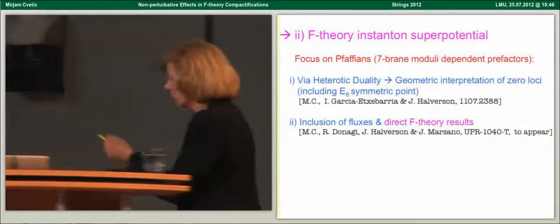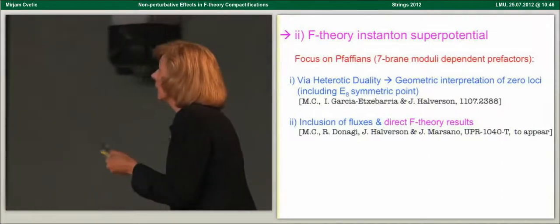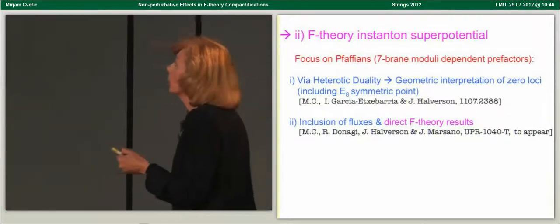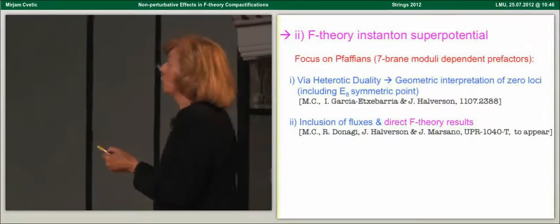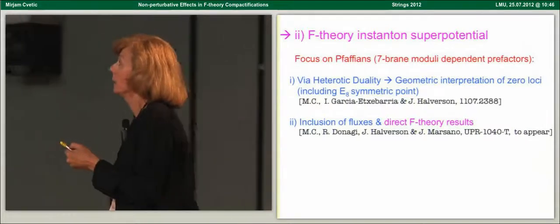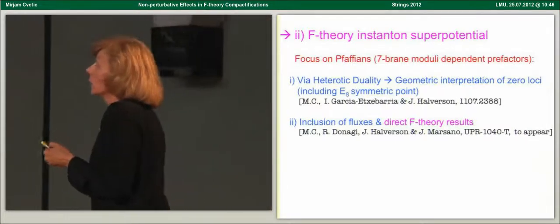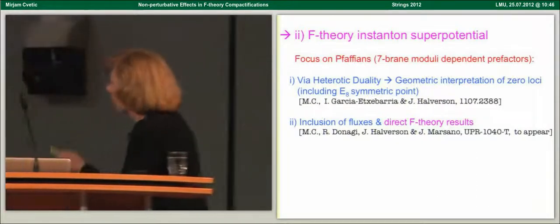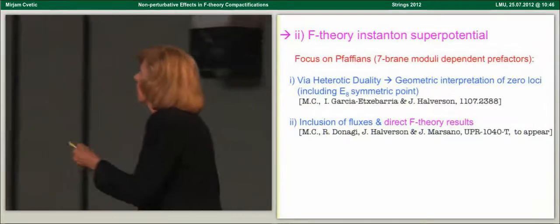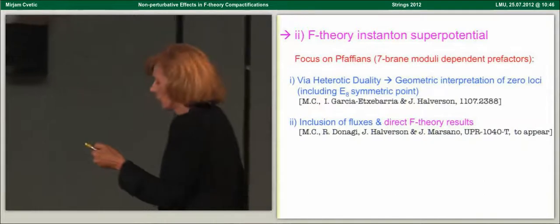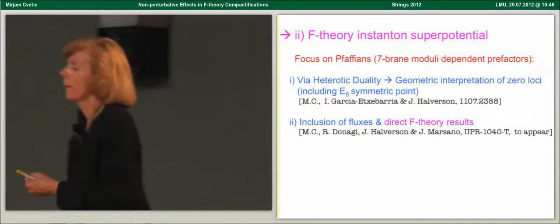Another approach that I will try to highlight here is the one where we propose to obtain information about such Pfaffians directly in F-theory without heterotic duals, and thus also naturally include potentially all the subtleties associated with the fluxes in F-theory.